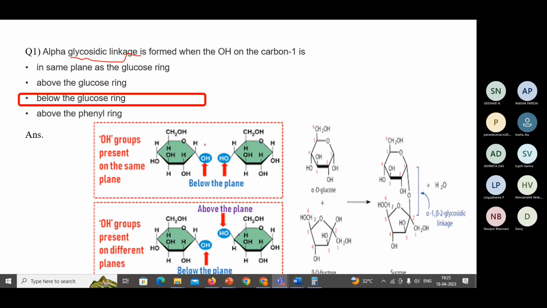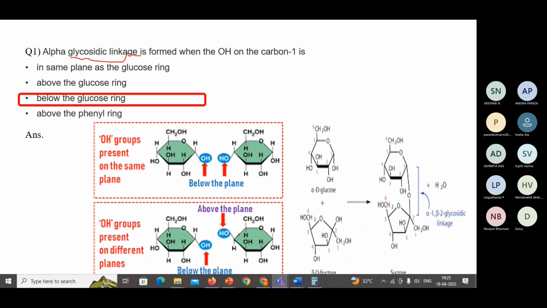In the case of alpha, the two OH groups present on carbon number 1 and carbon number 4 should be below the plane. Then this type of bond is known as alpha bond.